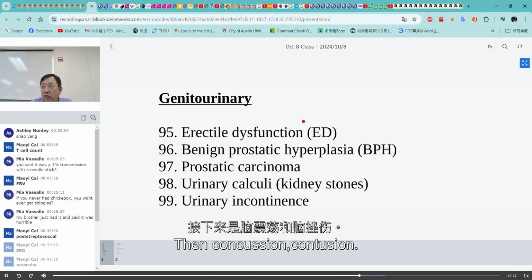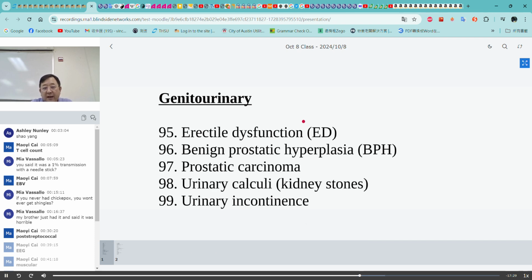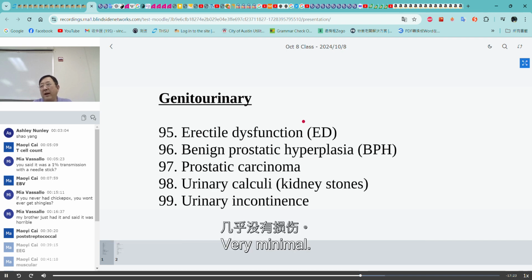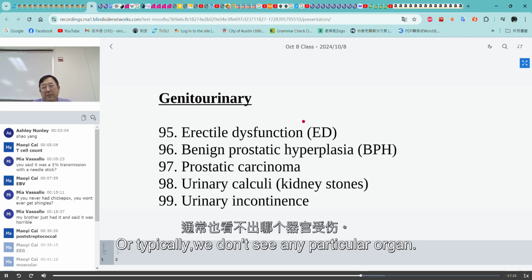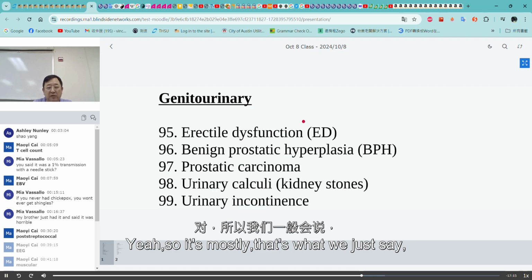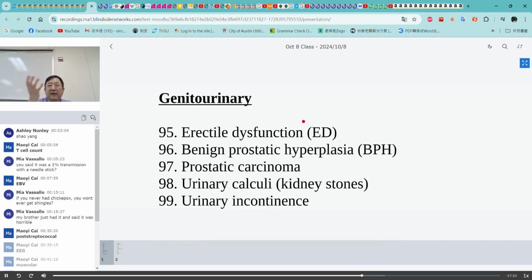Then concussion and contusion. Well, that just has to be clear. Concussion is very minimal brain tissue damage, very minimal. Typically we don't see any particular organ damage. It's mostly just a little shaking of the head.